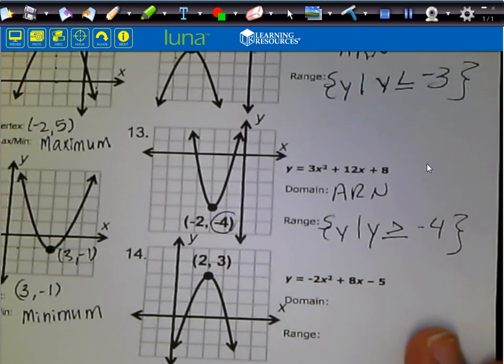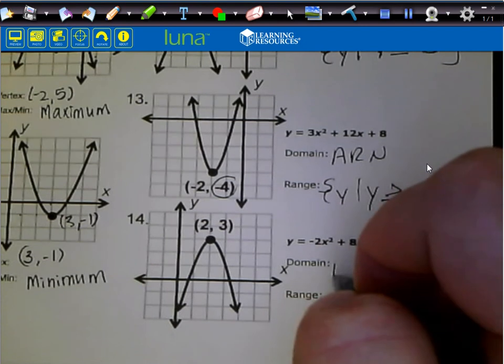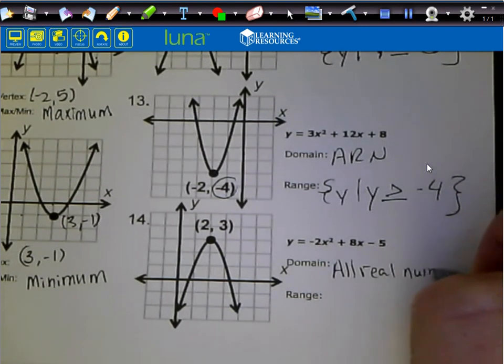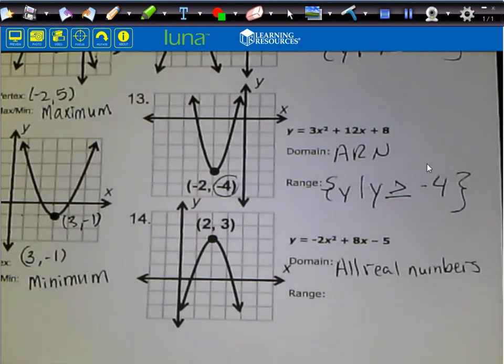Alright, finally, number 14. My domain here again is all real numbers. Again, you can put ARN if you want to. I went ahead and wrote all real numbers for this one so that you remember what that stands for.